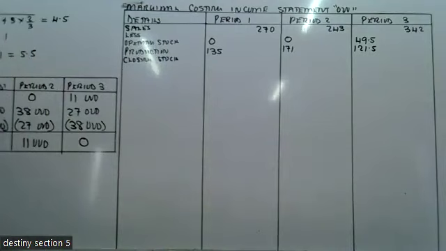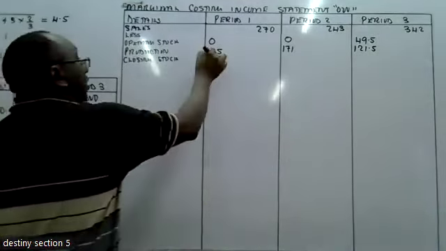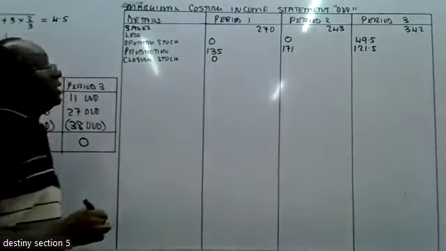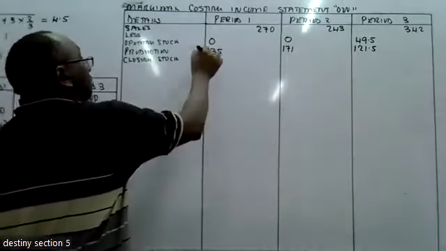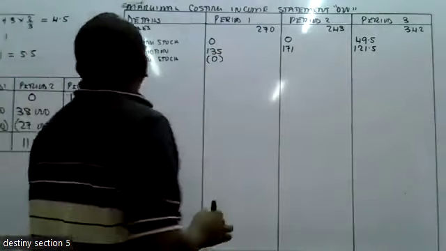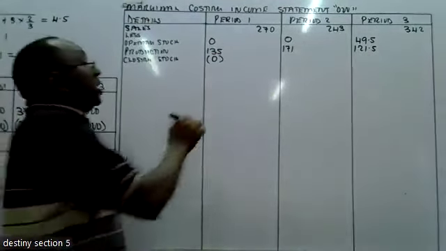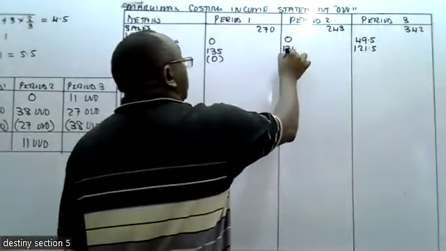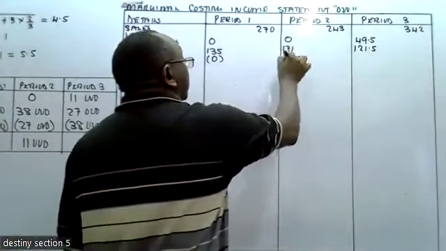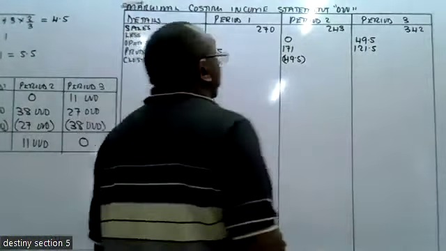So 0 times 4.5, that gives us 0, which we are supposed to be subtracting. The next one is 11 times 4.5, we get 49.5, which we are subtracting. And the other one, 0 times whatever is 0, which we are subtracting.